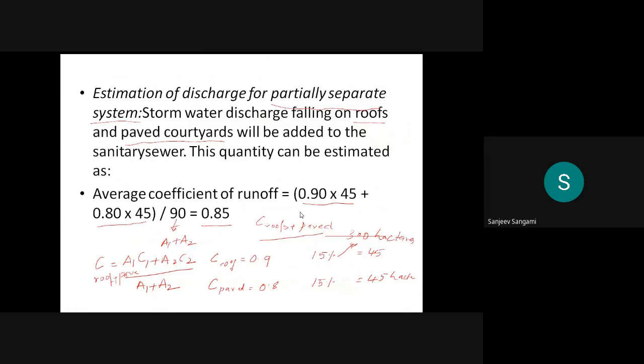There we calculated the runoff coefficient for two areas, roofs and paved courtyards, and got 0.85 as the average value.